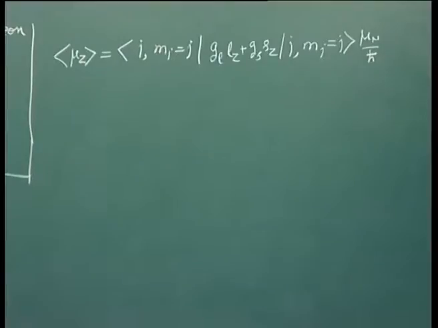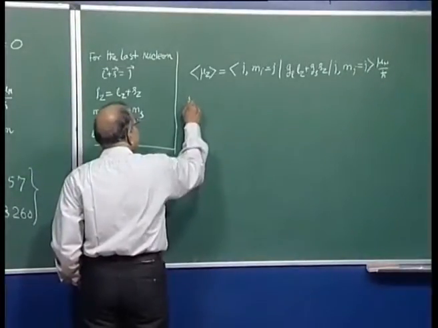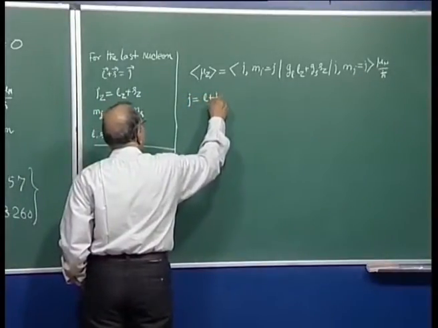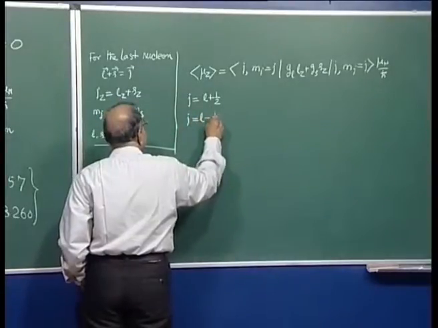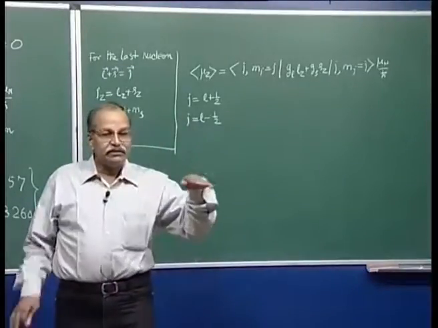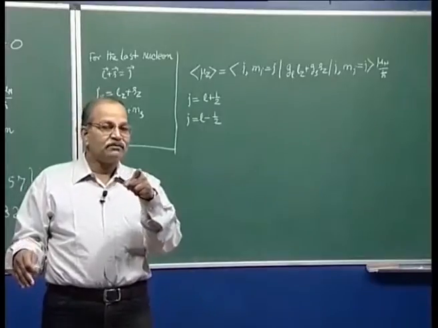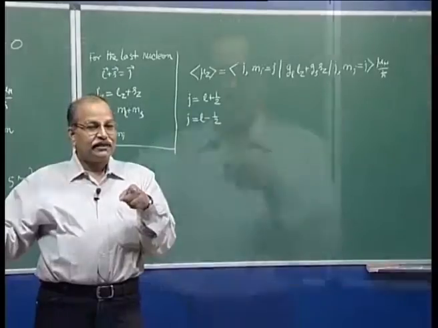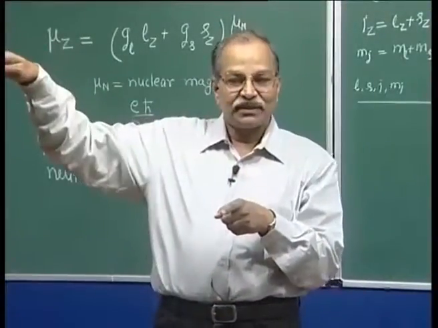Now, 4 cases we have to discuss. First, J can be L plus half or J can be L minus half. Remember P 3 by 2 and P 1 by 2. P is L equal to 1, so 1 plus half is P 3 by 2, lower energy, and 1 minus half, P 1 by 2, is upper energy.